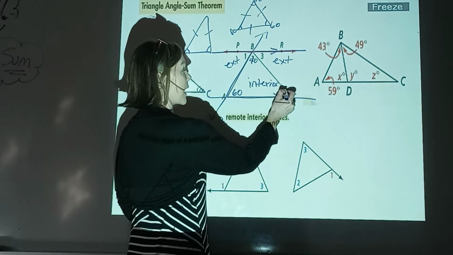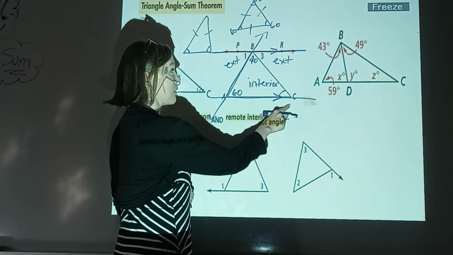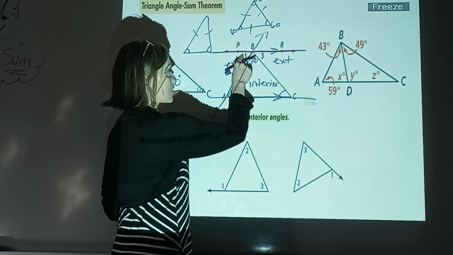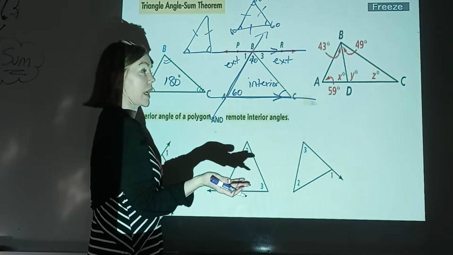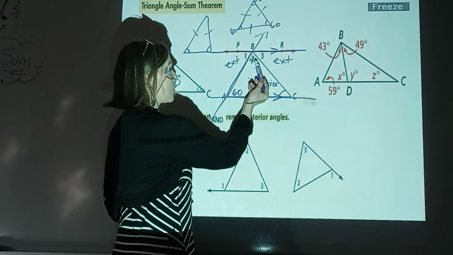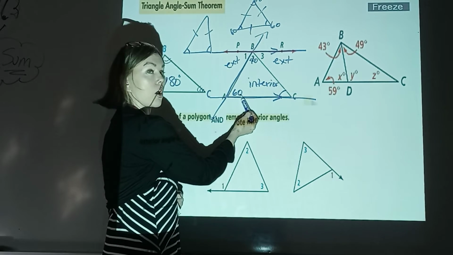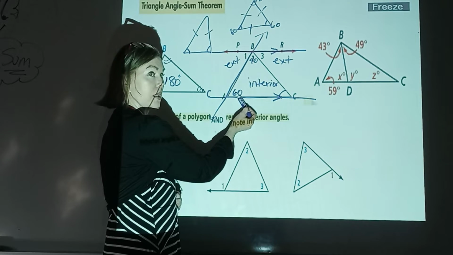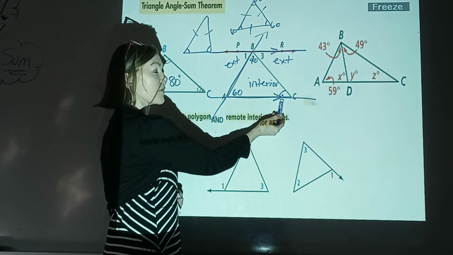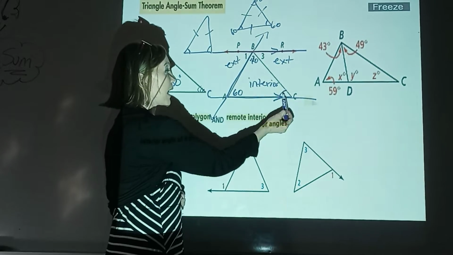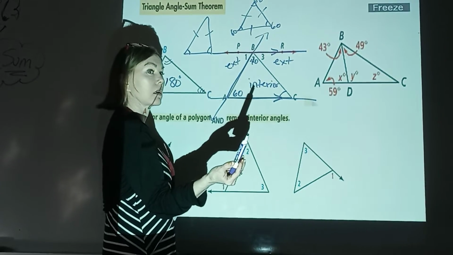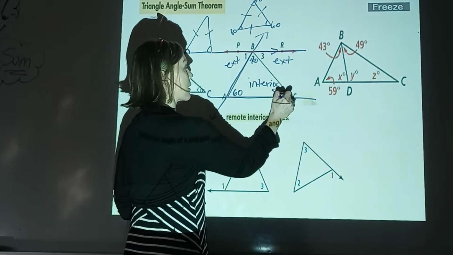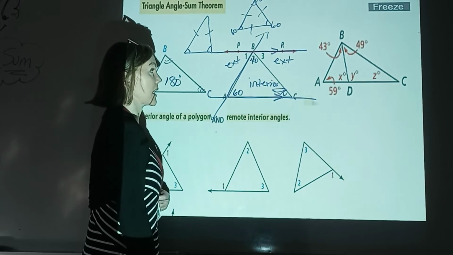We would be able to find the measure of angle C, and then we would also be able to find the measure of angles 1 and 3, okay? So we know that 40 and 60 are already accounted for, right? So 40 plus 60 is 100. So then what's the measure of angle C if all three add up to 180? What's the measure of angle C? 80, okay? So angle C is 80.